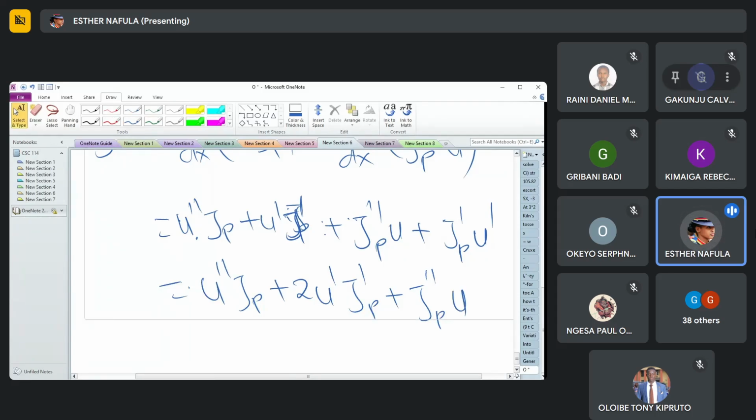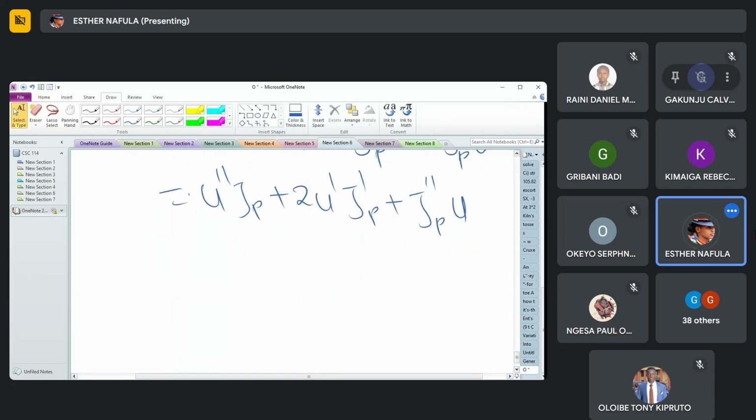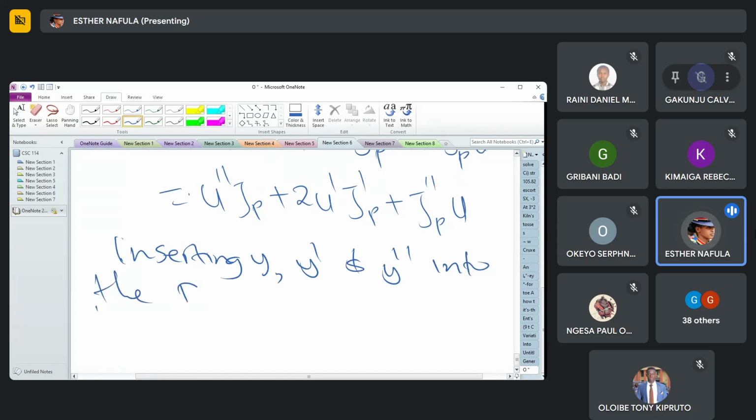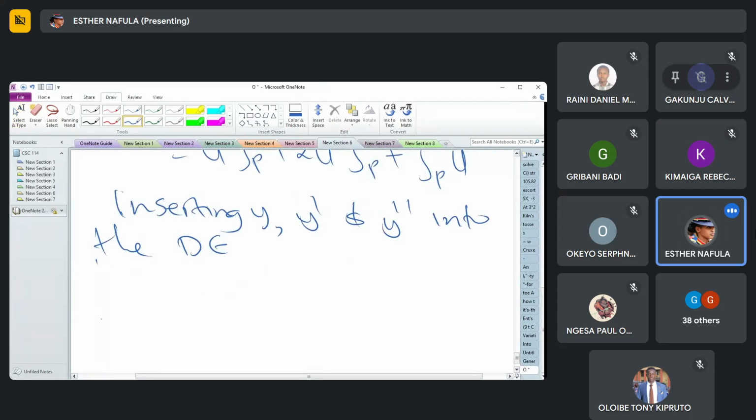So the next thing is we want to insert this into the differential equation. You can say inserting y prime and y double prime into the differential equation. Remember the differential equation is x squared y double prime.